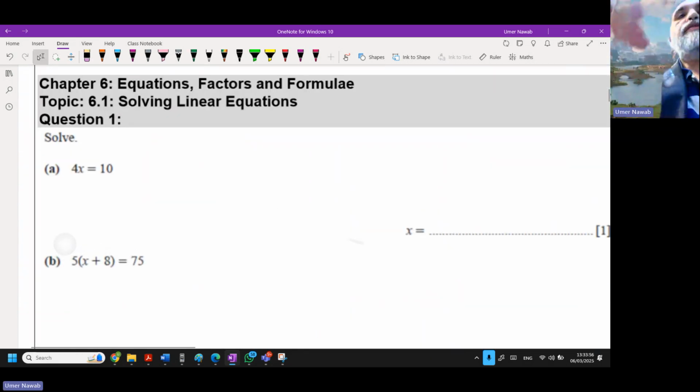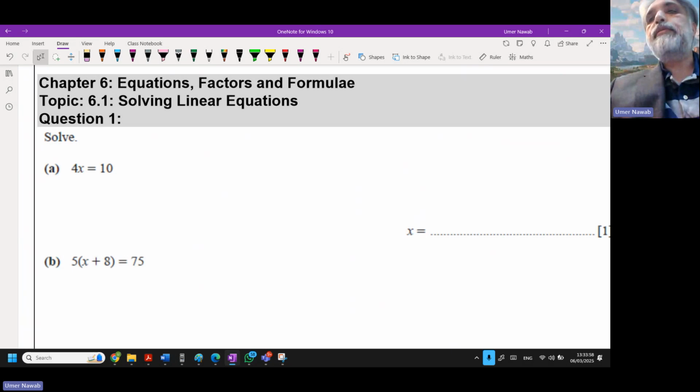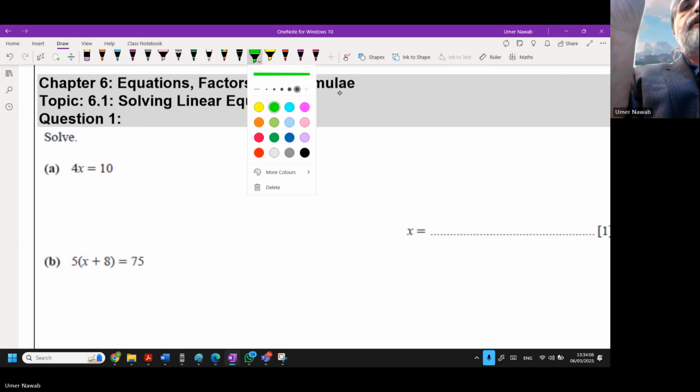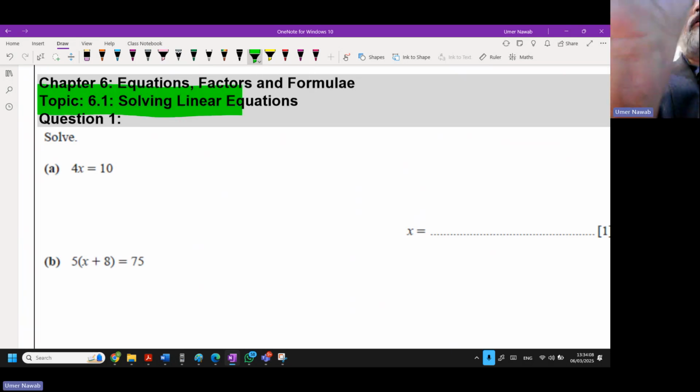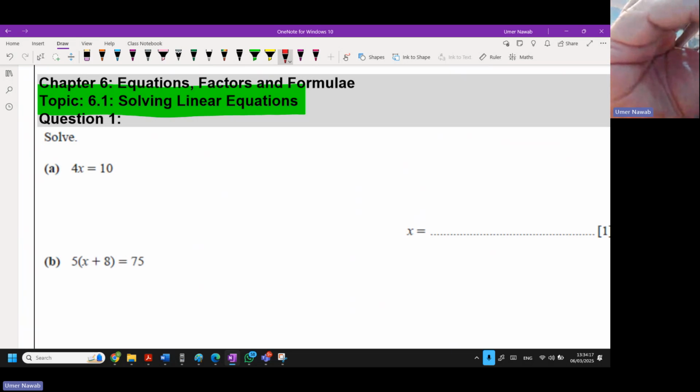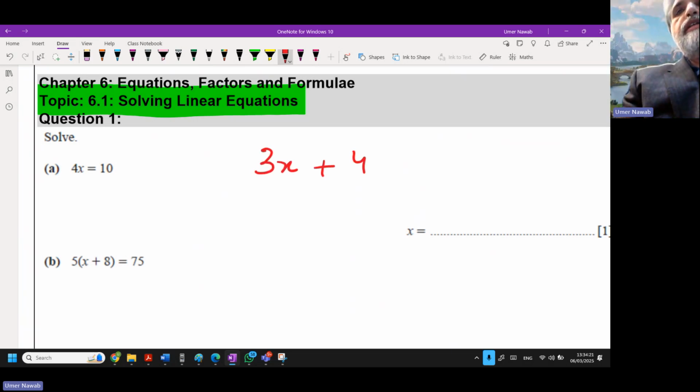Now let's start with the first topic, which is basically equations, solving linear equations. So guys, whenever we talk about linear equations, the power of the variable is always 1 in that equation. For example, I say 3x plus 4 is equal to 0.